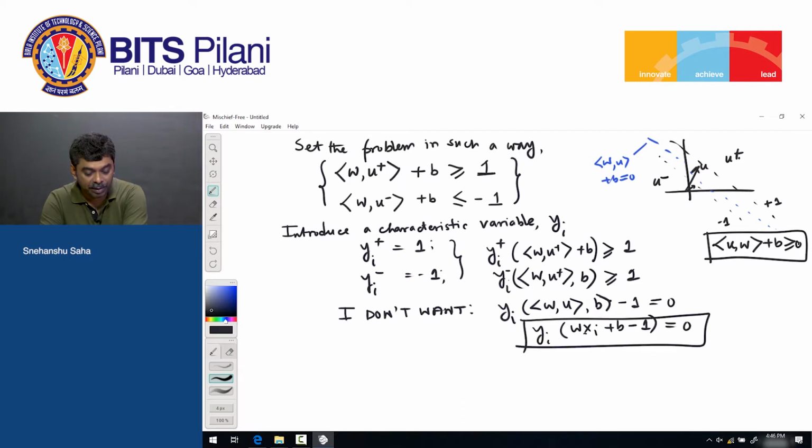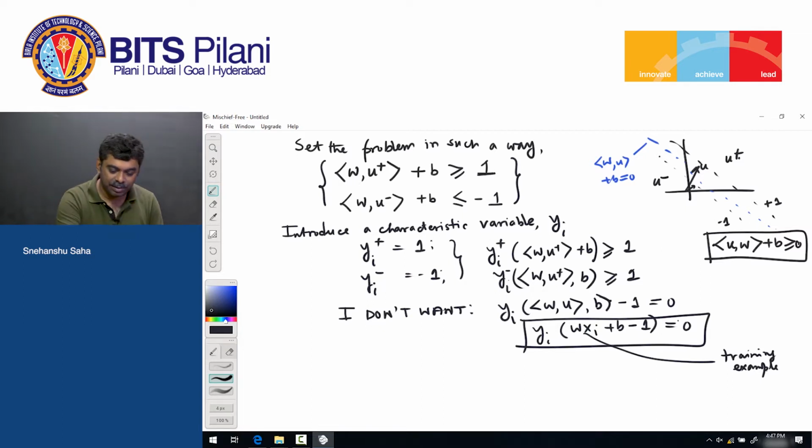Now for a training example xi that satisfies this equation, it neither belongs to a positive training example nor a negative training example, and it just falls here.